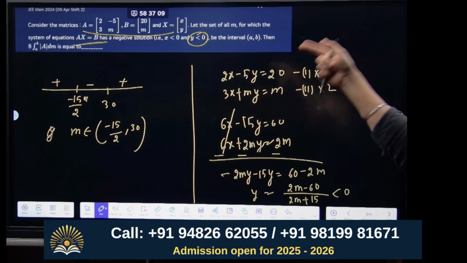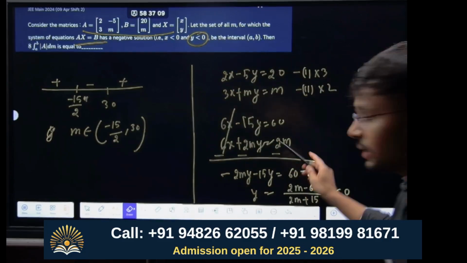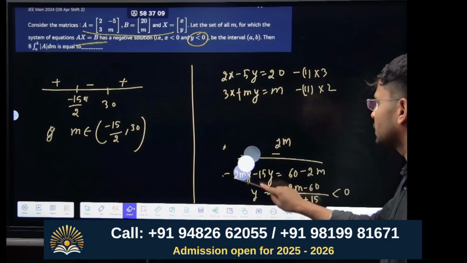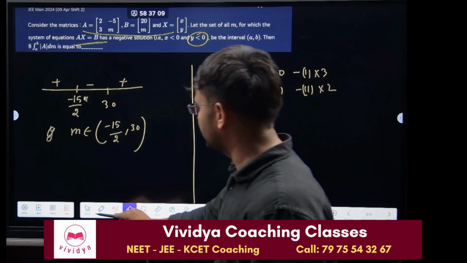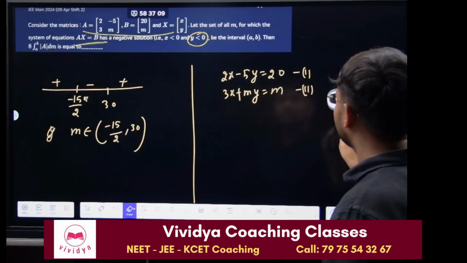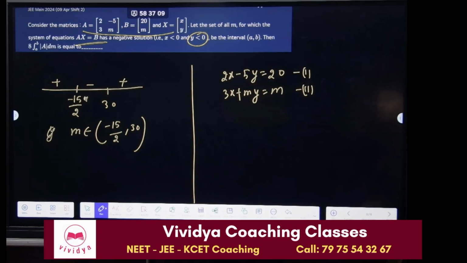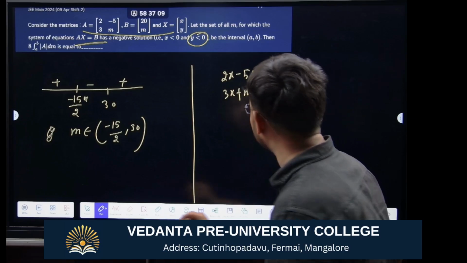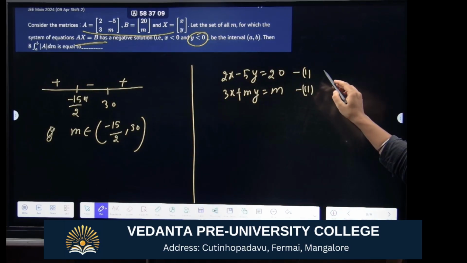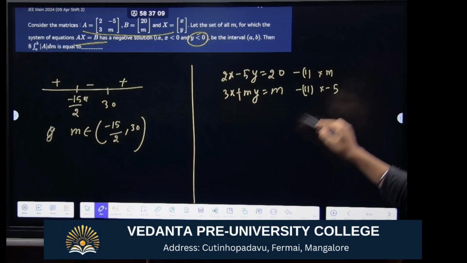So check for x negative, what should be the value of m. Let me erase this. Once I find the value of y, now find the value of x. I have to multiply the first equation by m and the second by 5.